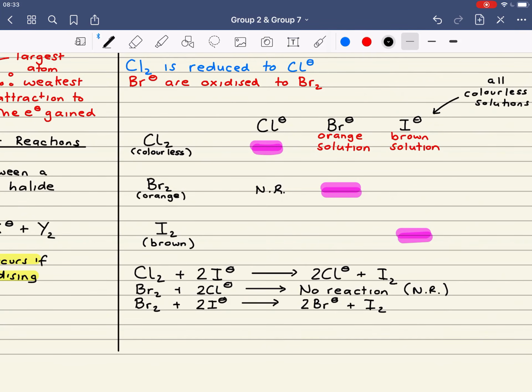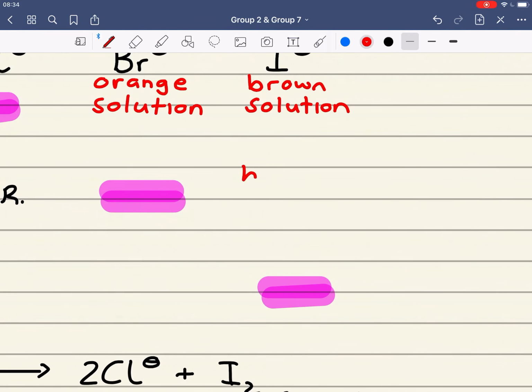And again, we're starting really with an orange colour, and then that orange colour will darken to the brown solution due to the iodine forming. So here we would observe a brown solution.